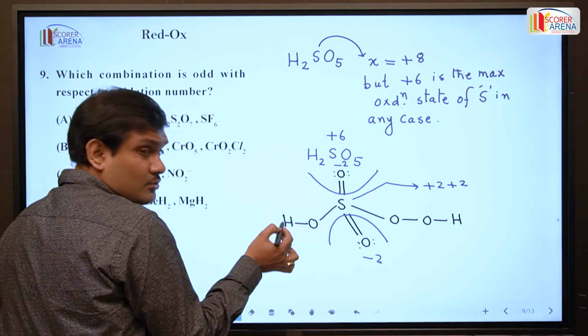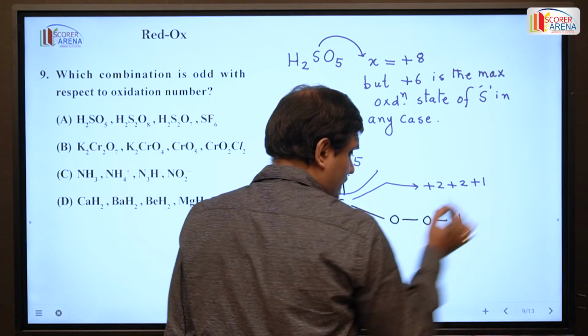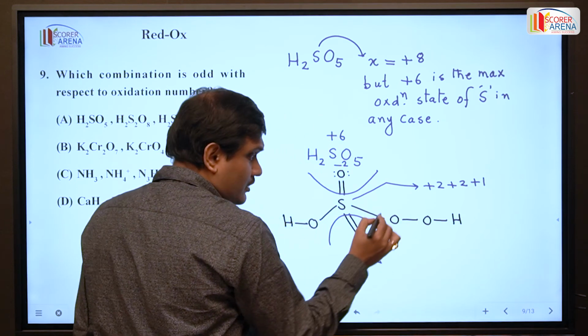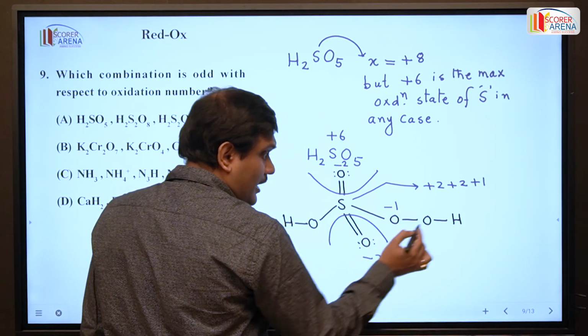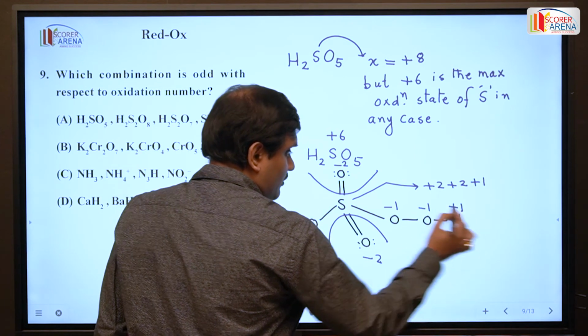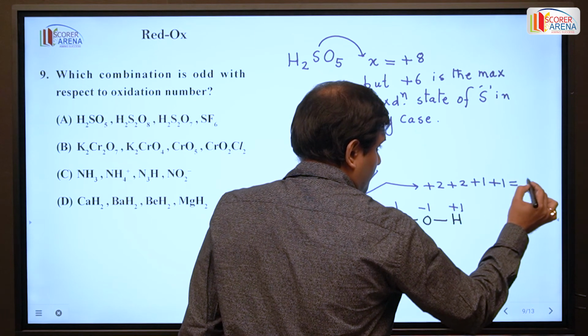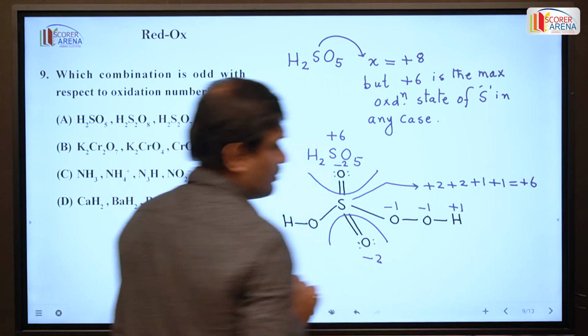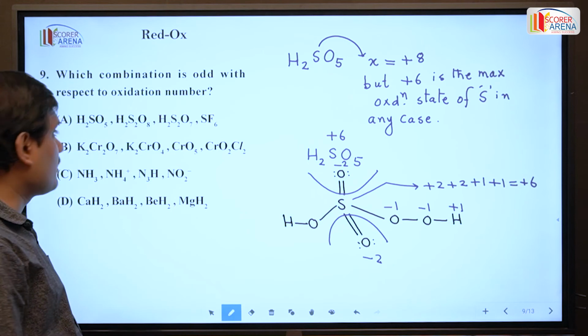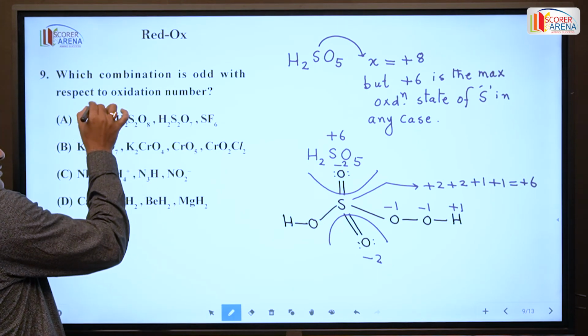For this OH group, it will be +1, as OH minus. And this oxygen will be -1, and this oxygen will also be -1. So for this oxygen the sulfur gets +1, with a total of +6. So here the oxidation state of sulfur is +6.